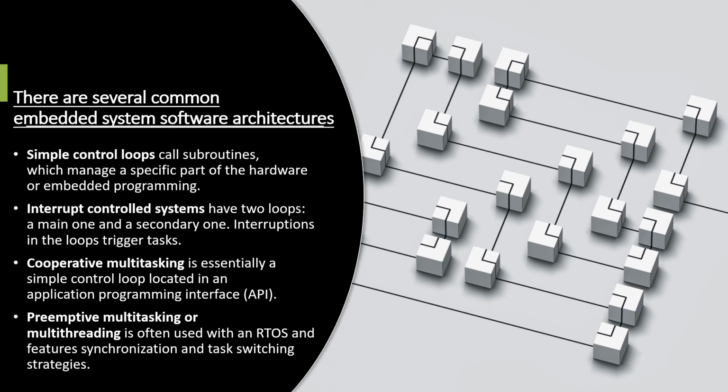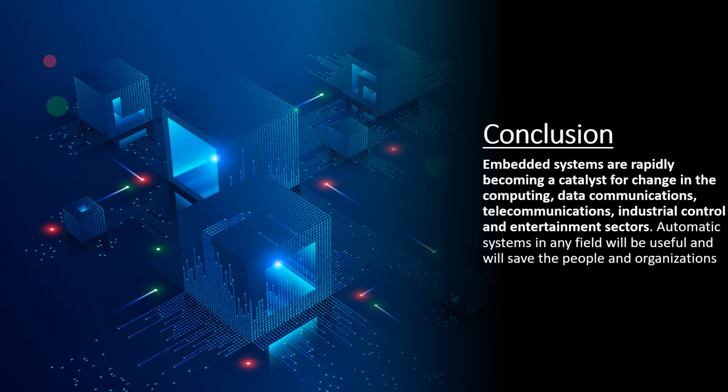Common embedded software includes simple control loops, interrupt control loops, cooperative multitasking, and primitive multitasking. Control loops are like subroutines that repeat actions. Interrupts are like inducing events, and cooperative multitasking is a simple control loop with an API. An API is the connectivity between two interfaces. Primitive multitasking is often known as RTOS, which acts on synchronization or switching strategies.